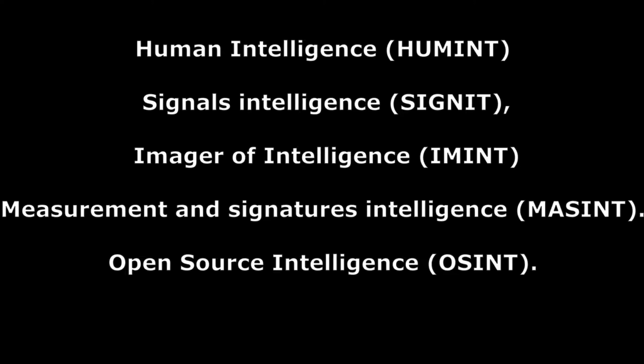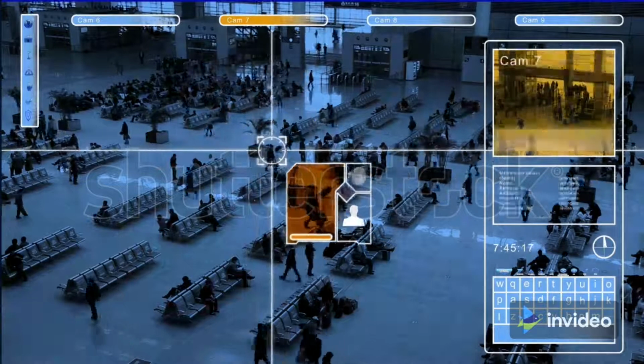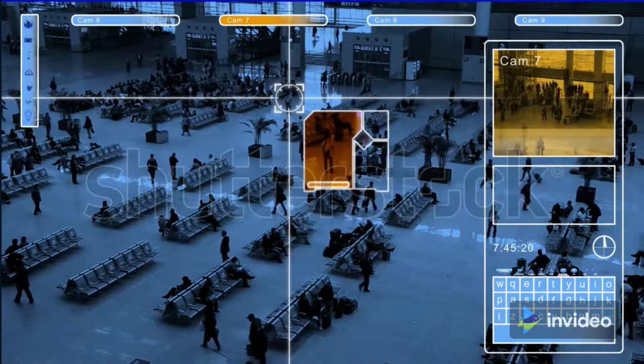Those are intelligence collection methods and disciplines. There are various branches or disciplines of collecting information. So what exactly do you need to know next?